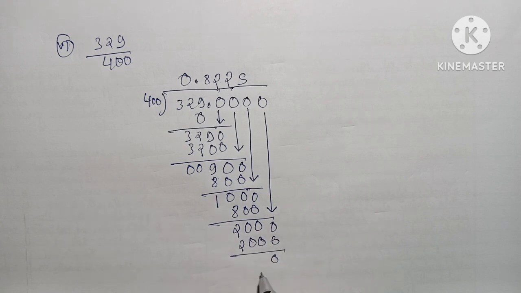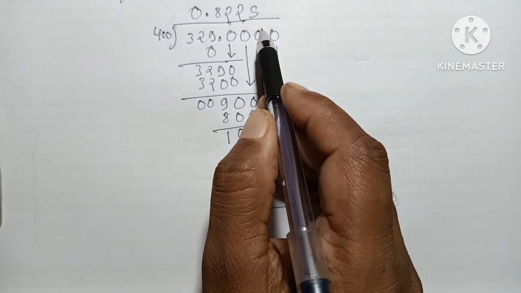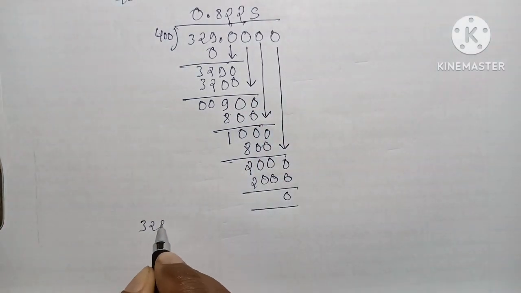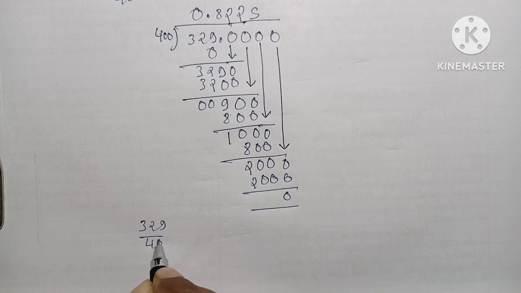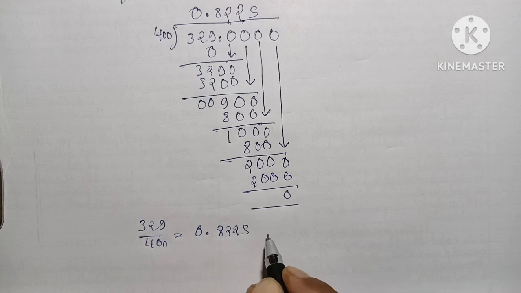Now see, our remainder is 0. If the remainder is 0, it means it is a terminating decimal expansion. Means 329 divided by 400, our answer is 0.8225.